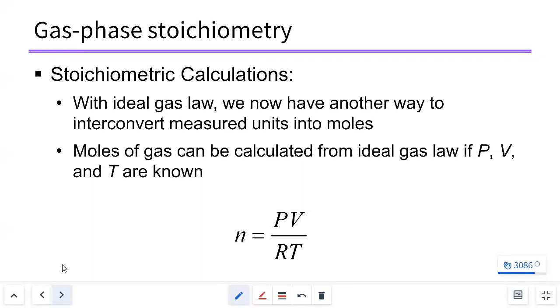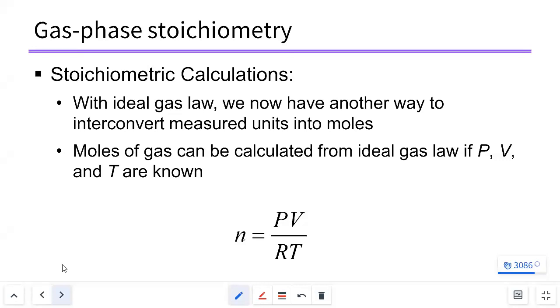In module 5, we introduced the concept of solutions. And what did we do in that case? Well, we know that we can measure the volume of a solution, and we could tie volume to moles using molarity. Pretty much the same idea here. Gas phase stoichiometry just takes our idea of moles and relates it to something that we can measure.